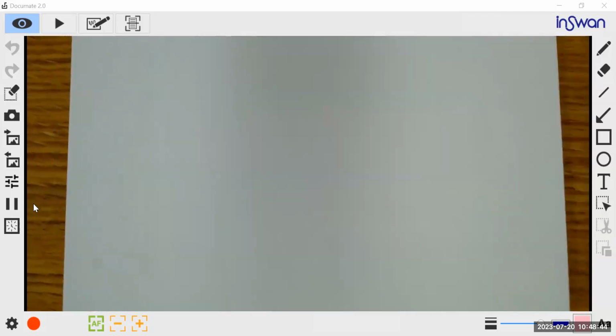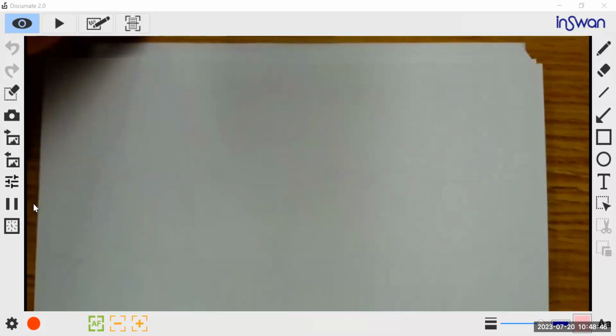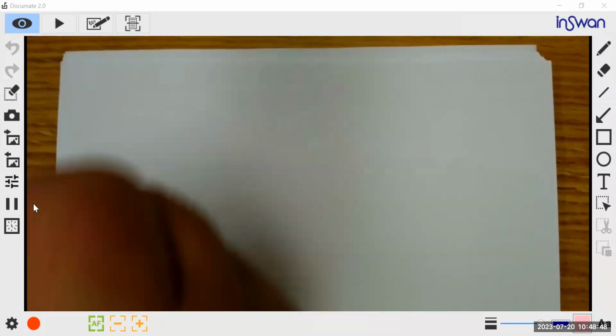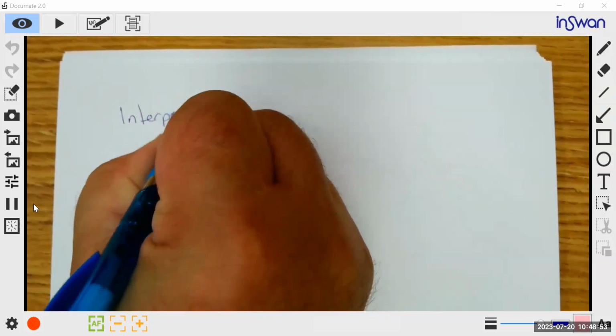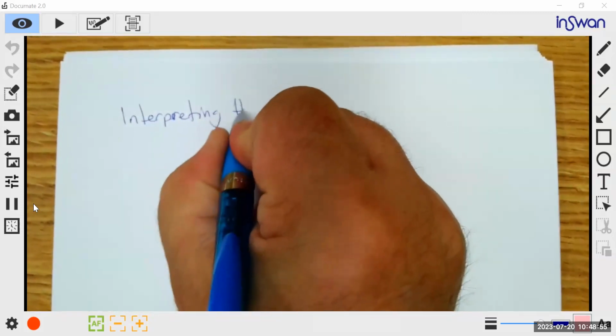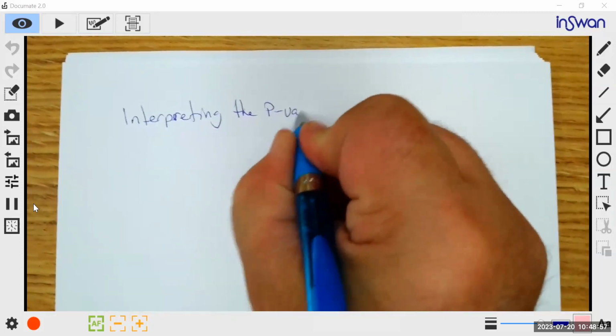So what does all that stuff mean? Interpreting the p-value.